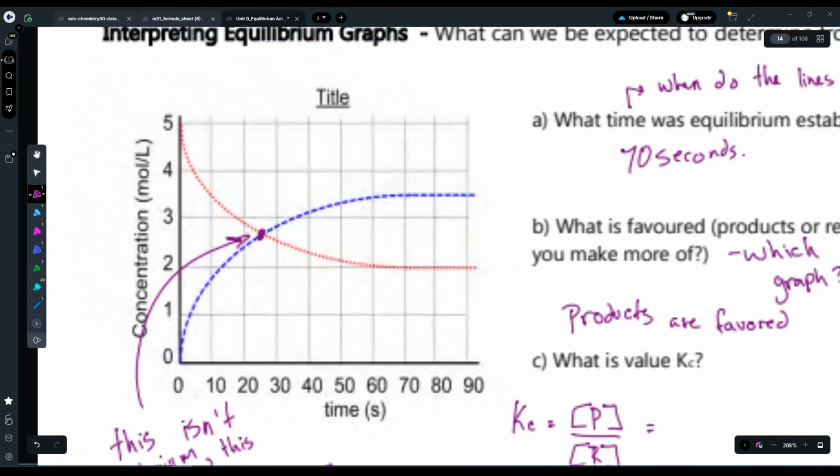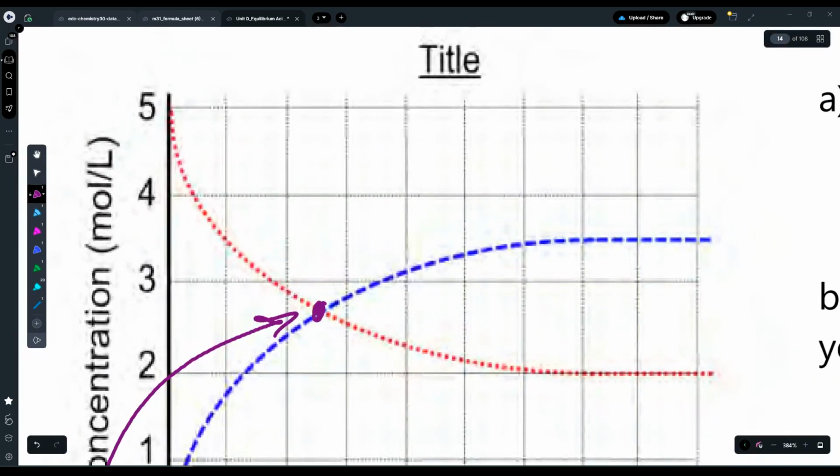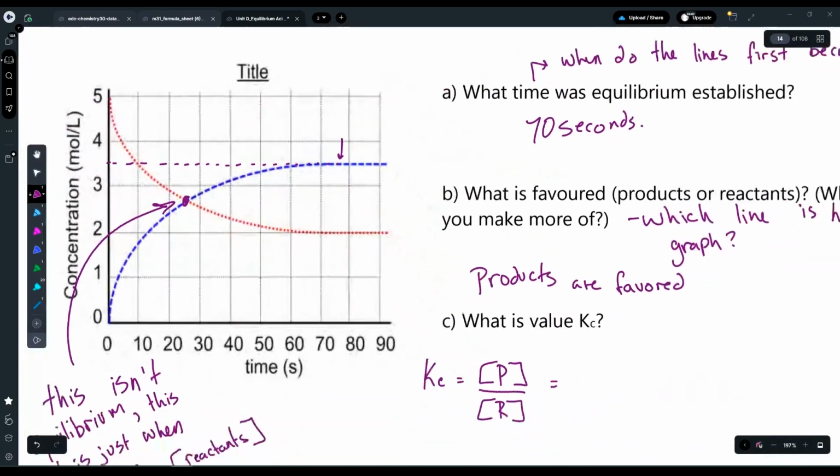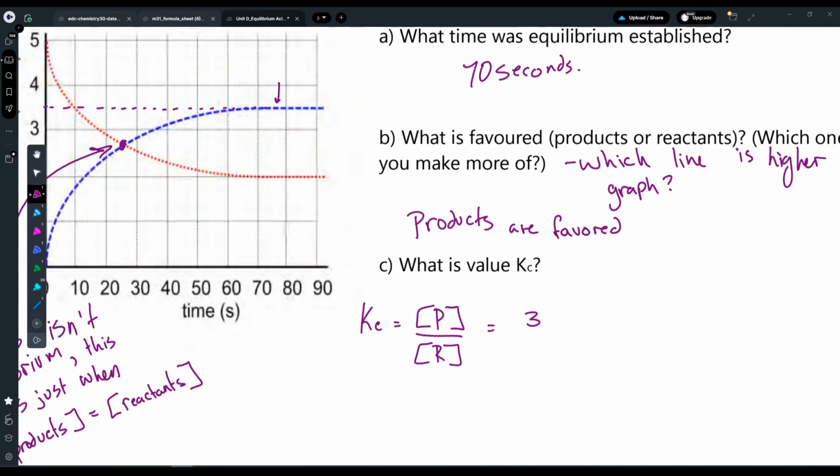Okay, so let's read this graph here. Products are at about 3.5 moles per liter. Usually you would raise it to the power of whatever coefficient is on your product.